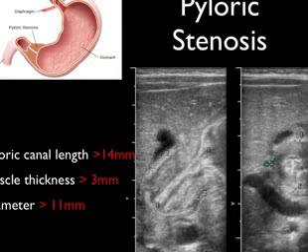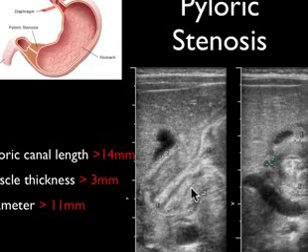We can see the pyloric canal length if it's greater than 14 millimeters, if the thickness is greater than 3 millimeters, and if the diameter here is more than 11 millimeters. That's suggestive of pyloric stenosis. We can see the diameter over here, whereas the muscle thickness is going to be from here to here.